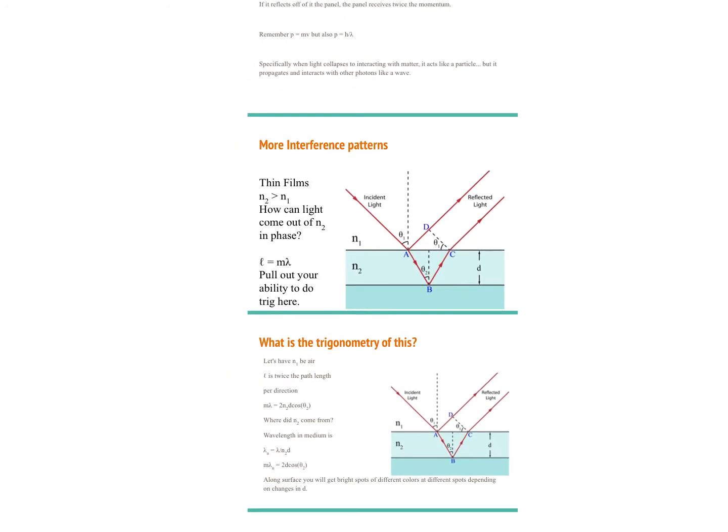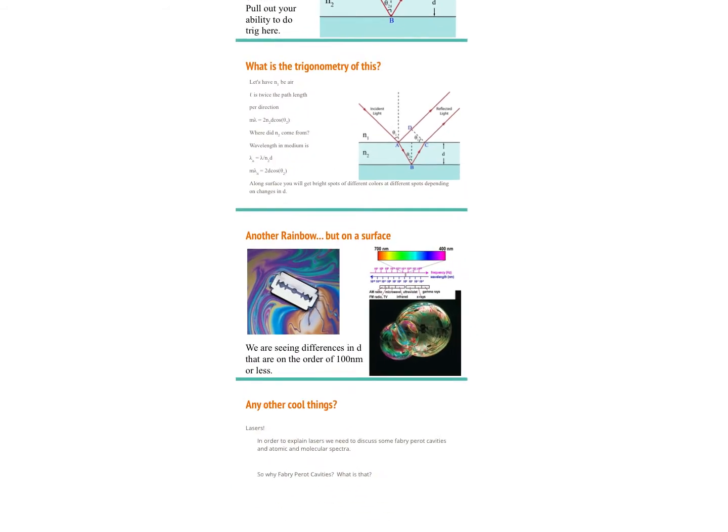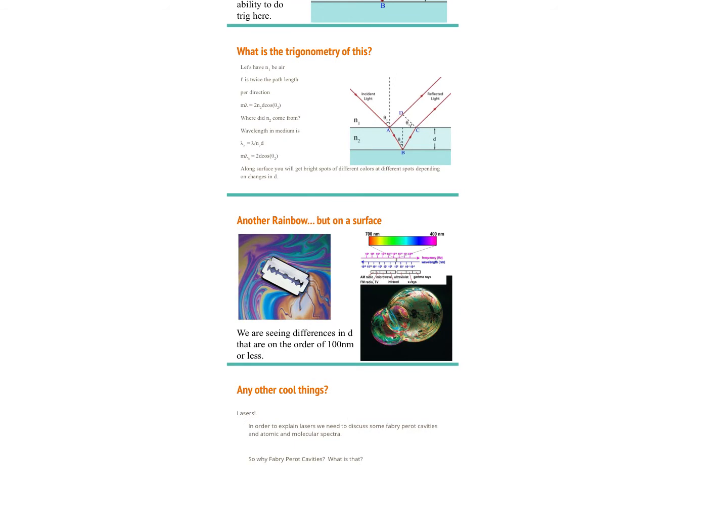Keeping it going. Another interference topic. Note the key is to have a path length difference, and for this one we have the thin film interference patterns, which tell you just how thick a film is, depending on what angle you are looking at it from.